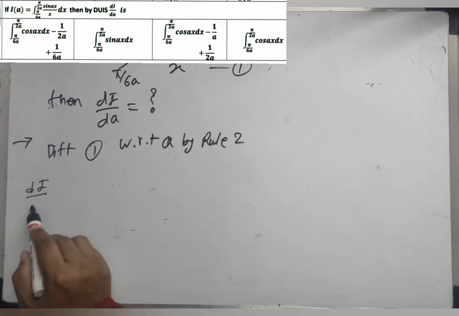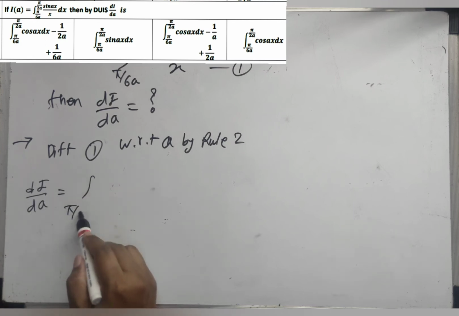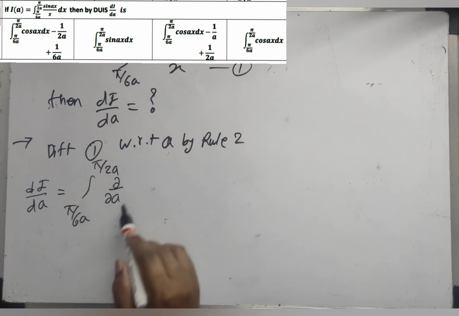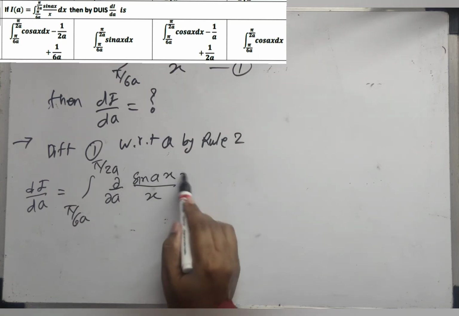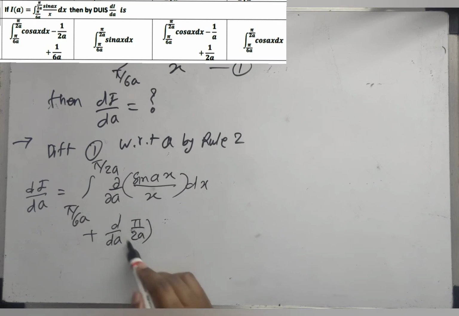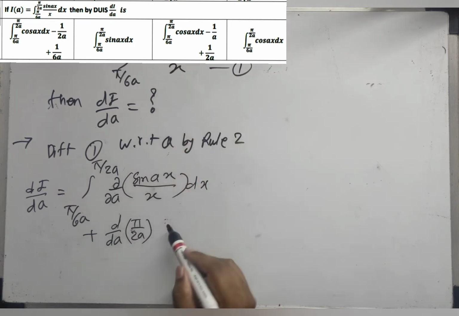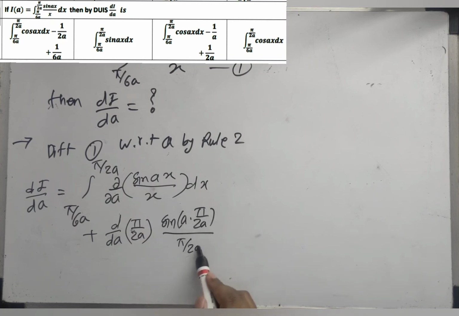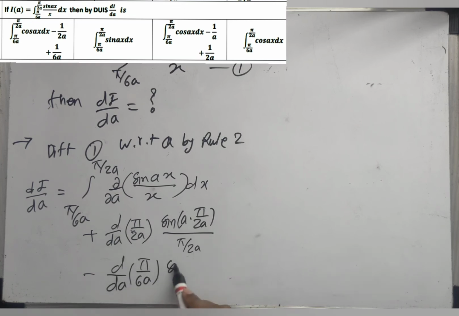So it will be dI by dA is equal to integration from pi by 6A to pi by 2A of this integrand, where the derivative we consider is partial del by del A of sin(ax) upon x dx, plus, as there are parameters in the limits, derivative of upper limit d by dA of pi by 2A into replace x by upper limit, so it is sine of A into pi by 2A divided by pi by 2A, minus d by dA of lower limit, that is pi by 6A into sine of replace x by lower limit, A into pi by 6A divided by pi by 6A.